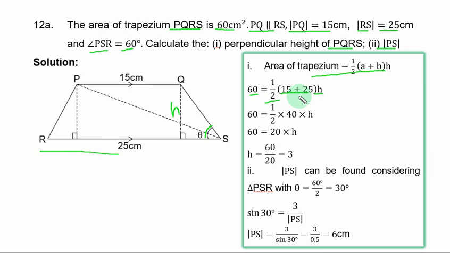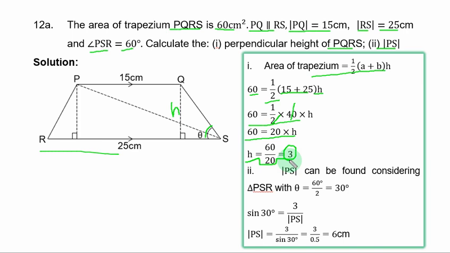If you add the terms in the bracket, you have this result. If you divide 40 by 2, you have 60 equal to 20 times h. To get h, divide both sides by 20. h is equal to 60 divided by 20, and that is 3.